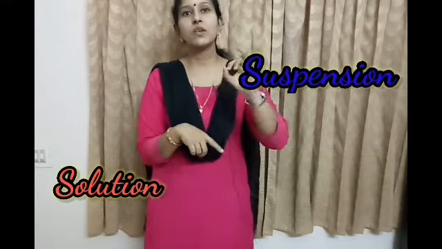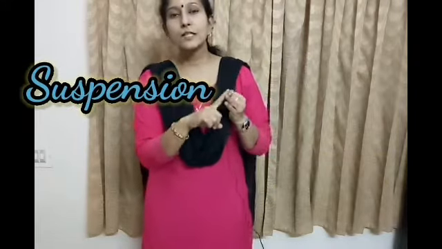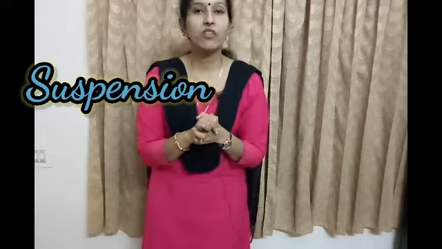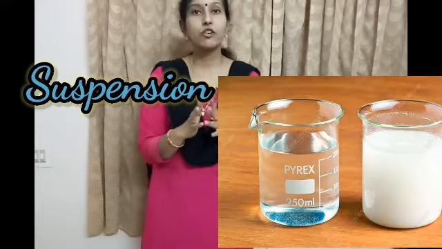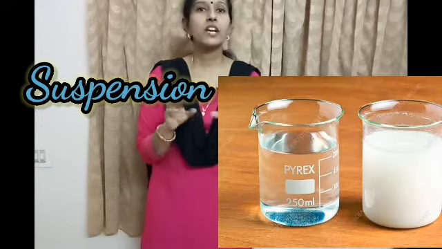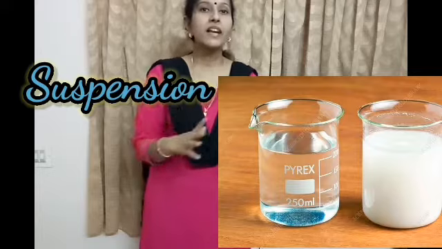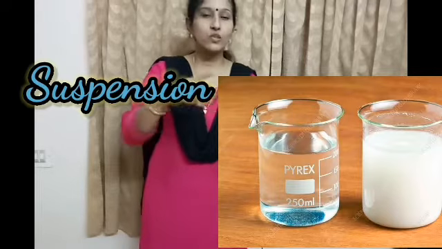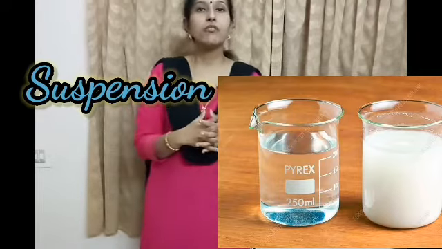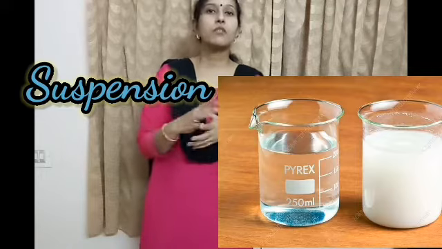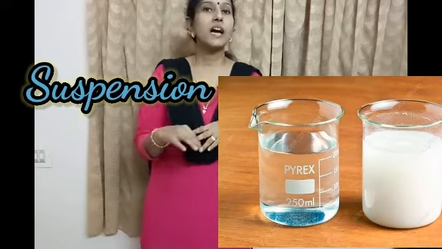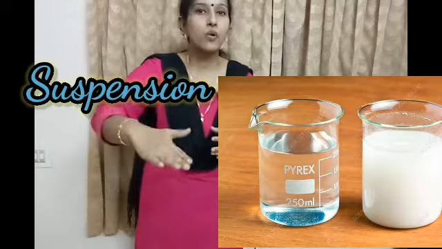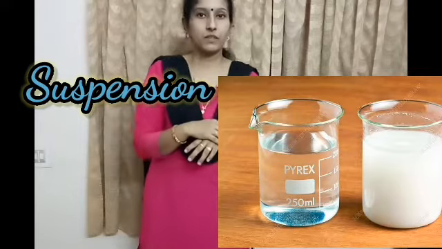So, the remaining things only: suspension and colloid. See, an example for suspension is chalk powder in water. After adding chalk powder to water, if you stir it thoroughly and keep this solution undisturbed for some time, you can see that chalk powder settles down and water comes up.